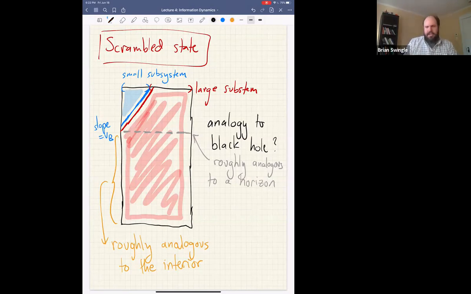And this actually kind of makes sense because, again, in the context of AdS/CFT, the interior of the black hole grows with time in a certain sense. And this has been interpreted, starting with the work of Susskind and building on that with many people, including myself, as a growth of circuit complexity.